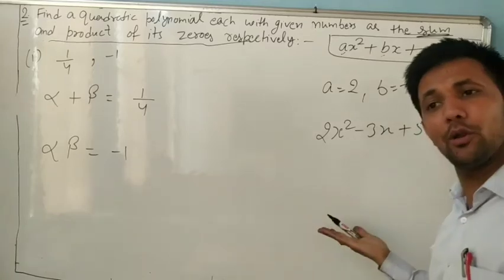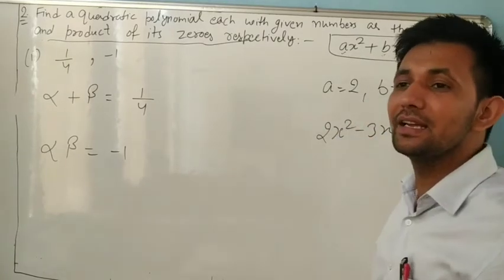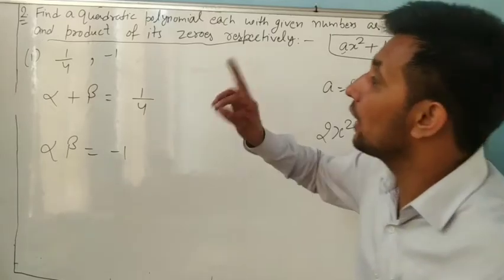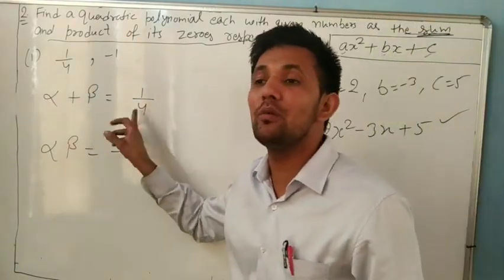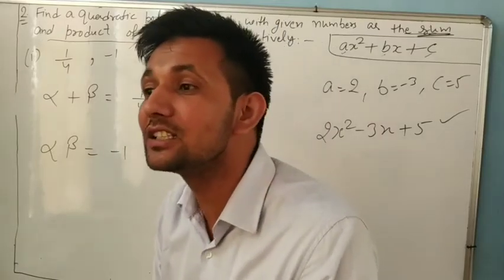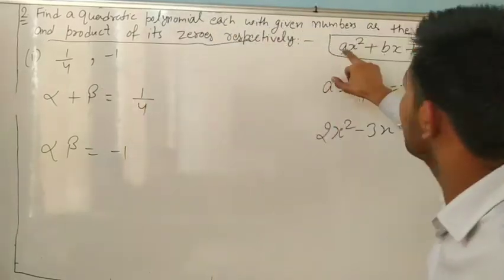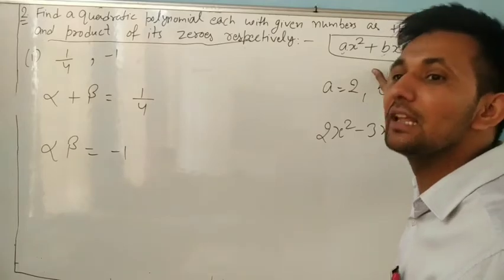It is a quadratic polynomial if we know A, B and C. So, using alpha plus beta and alpha into beta, we will find A, B, C, and put them here in the general equation.